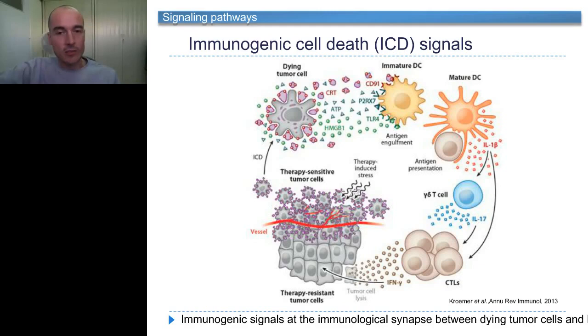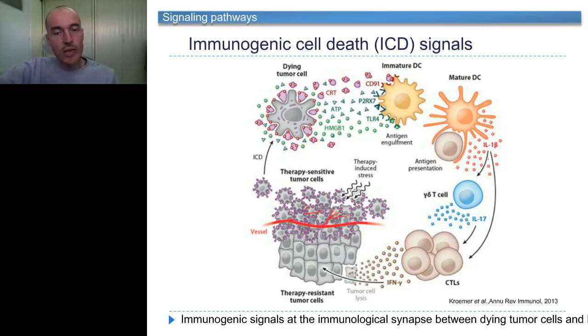Once the dendritic cells are moved from an immature to a mature state, they release IL-1 beta, which in turn leads to a polarization of T cells, an activation of cytotoxic T lymphocytes, majorly of the CD8 plus type, and to release of interferon gamma, which in the end leads to tumor lysis.